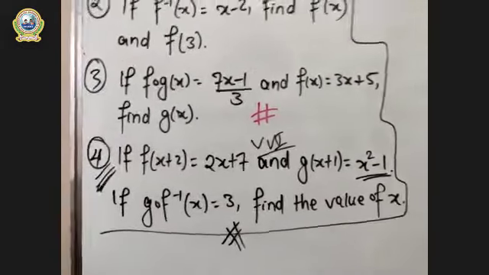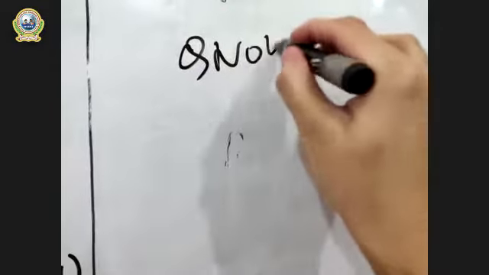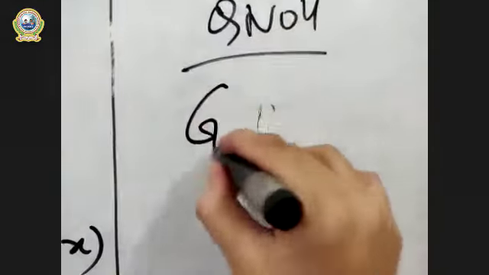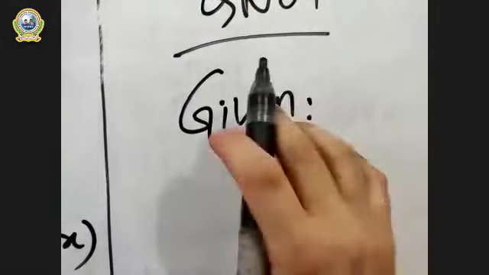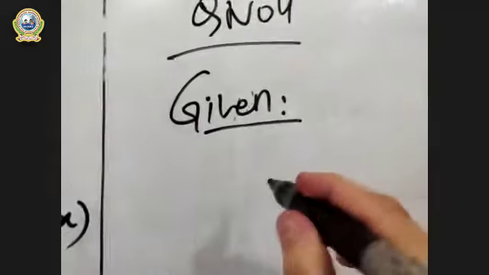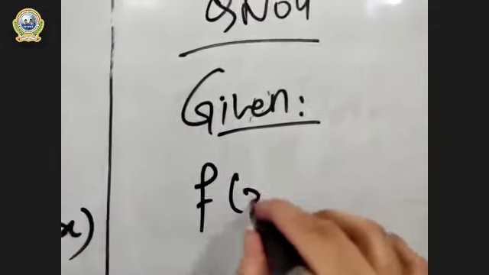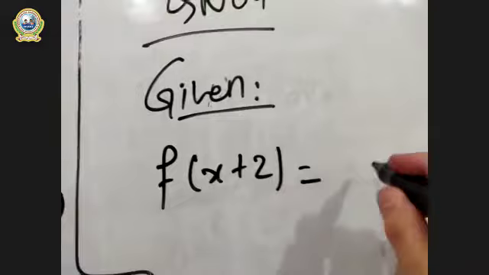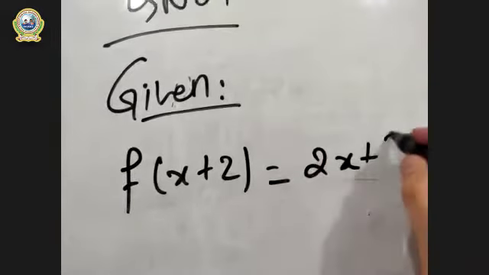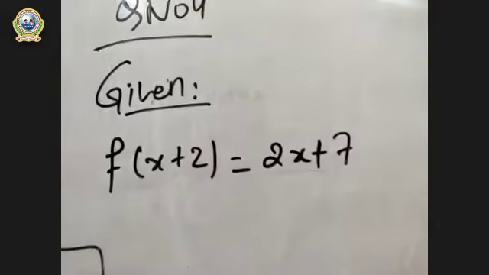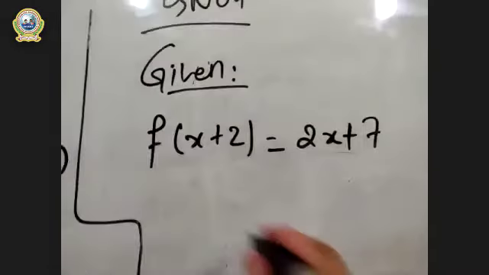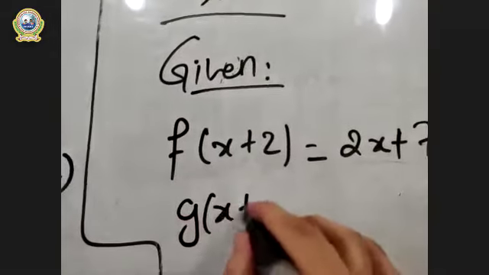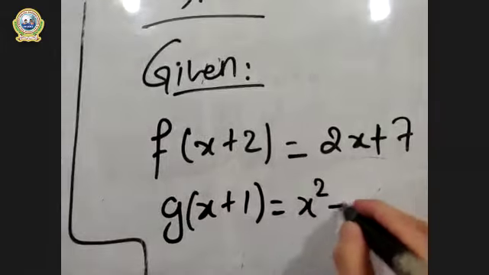So let's write the given first. Look at here in the board. Now write question number 4. Write given. So our given says f(x plus 2) is equal to 2x plus 7, right? This has been given to us. And in the second part, g(x plus 1) is equal to x square minus 1.